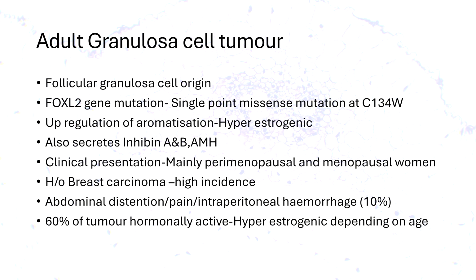If it occurs in a girl, she may present with precocious puberty, or in a reproductive age group woman, she may present with abnormal uterine bleeding, which may be heavy menstrual bleeding or even intermenstrual bleeding, and in a postmenopausal woman, it may be postmenopausal bleeding.